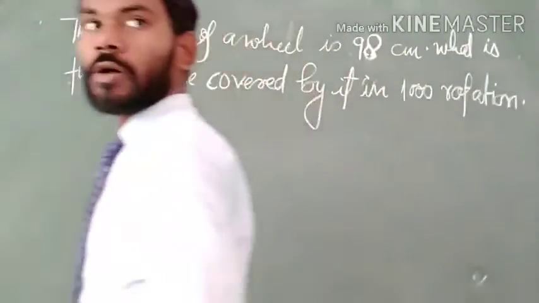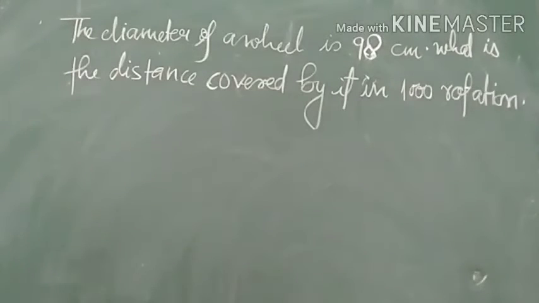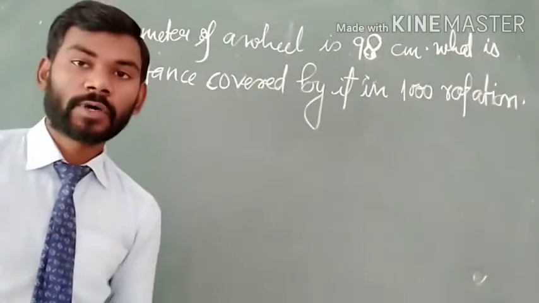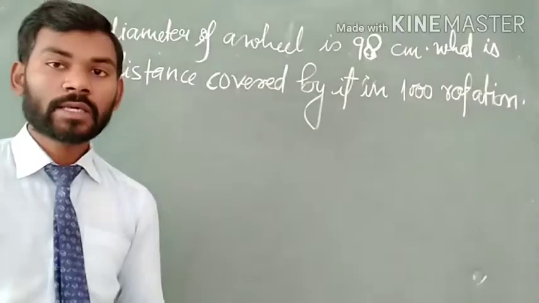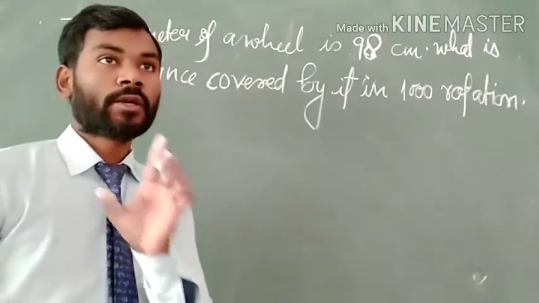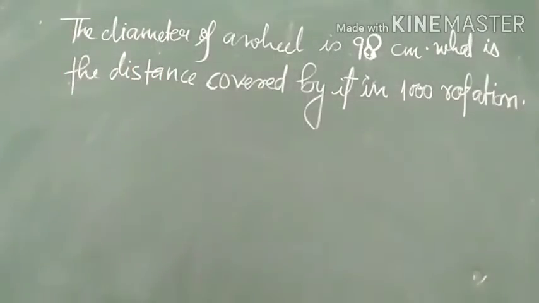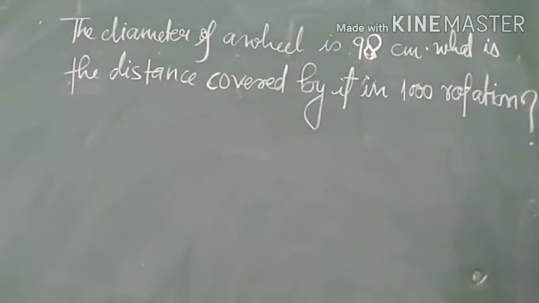The diameter of the wheel is 98 centimeter. We have to find out the distance covered by the wheel in 1000 rotations. So this is our given question.